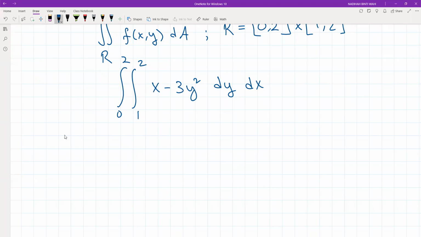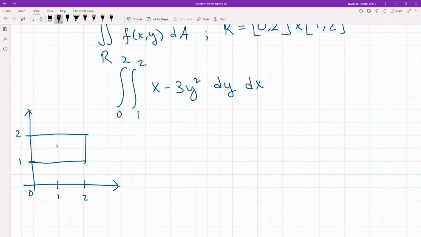Okay. Let's look at the region. So this is the coordinate 0, 1, 2. So this is 1 and 2. So x daripada 0 ke 2 dan ni pun sama juga dia punya region dia.